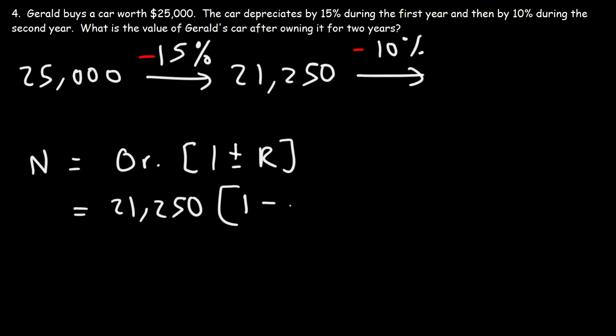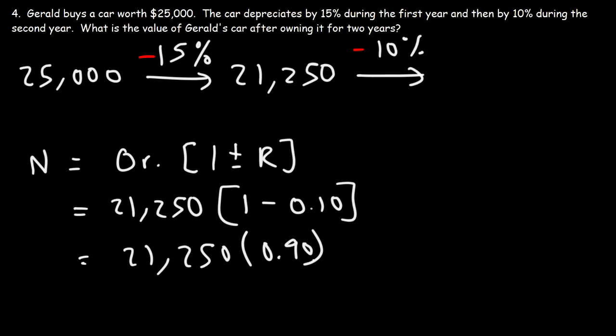So we're going to do 1 minus 0.10. 0.10 is 10%, or 10 divided by 100. So it's going to be 21,250, and 1 minus 0.10 is 0.9. So as you can see, we need to calculate 90% of 21,250. And so this is going to be 19,125. So this is the current value of the car after 2 years.